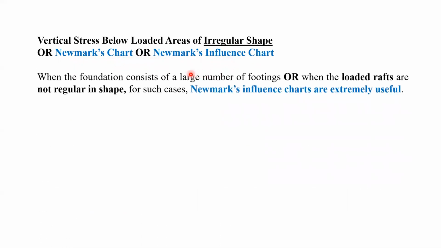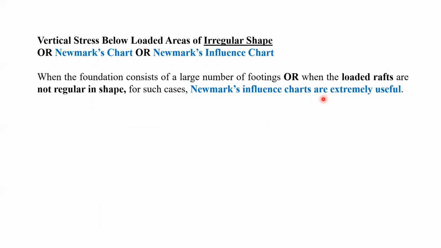Vertical stress below loaded areas of irregular shape, or this is also called the Newmark chart or Newmark influence chart. What it says here: when the foundation consists of a large number of footings, or when the loaded rafts are not regular in shape, for such cases Newmark influence charts are extremely useful.